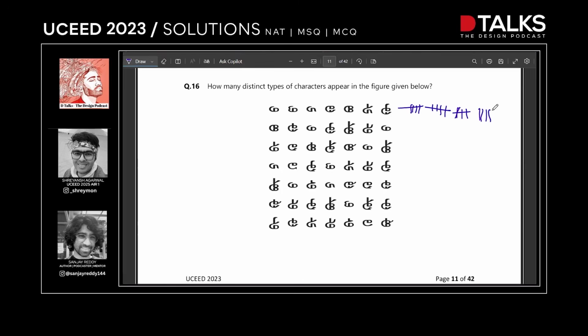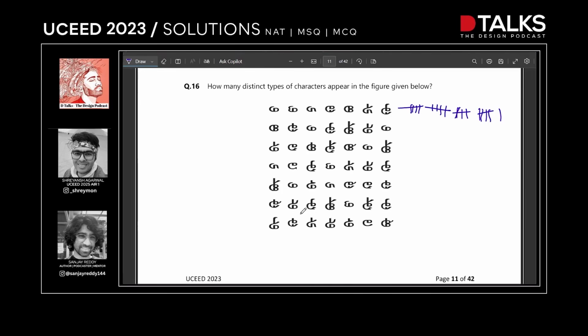This is also not there. This is also there. This is also there. This is there. This one is also there, right? And this over here, is this the new symbol? It's not there. This is not there. Yeah, this is the new symbol.